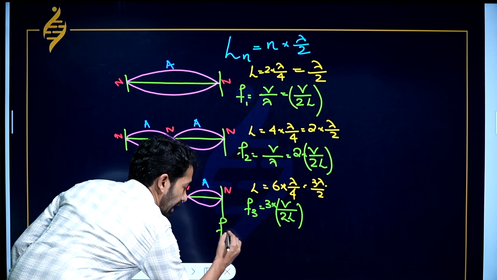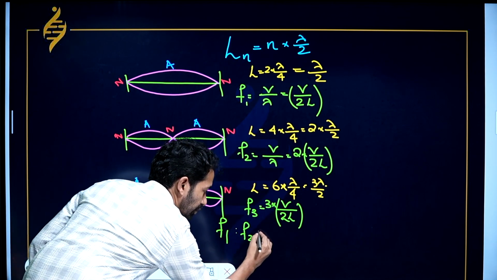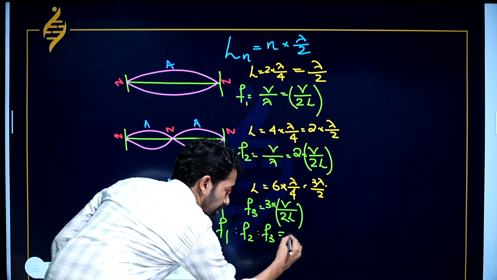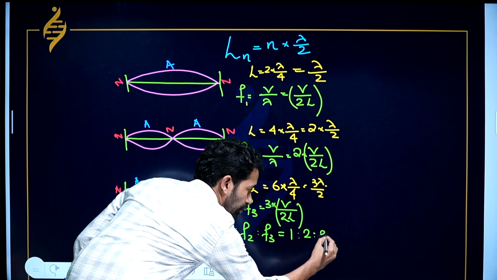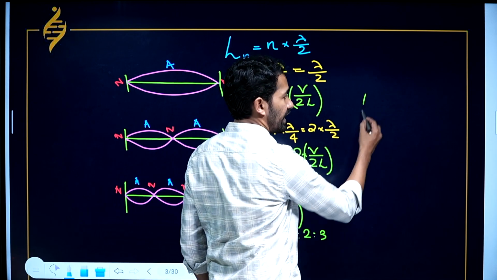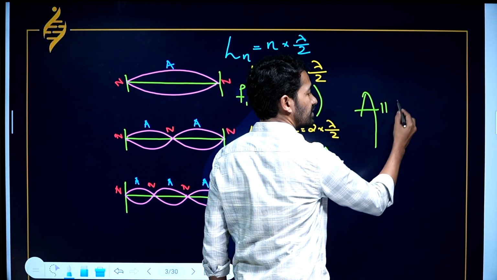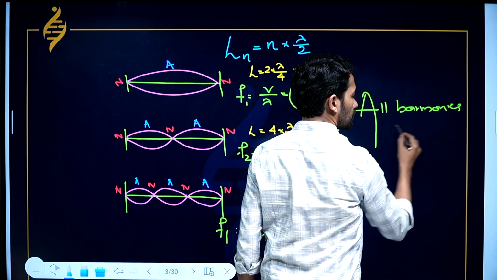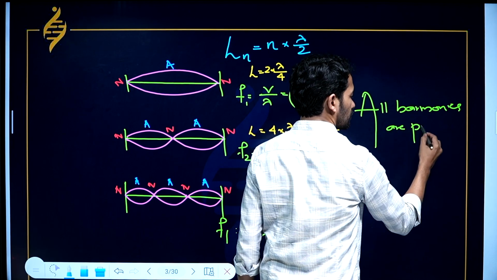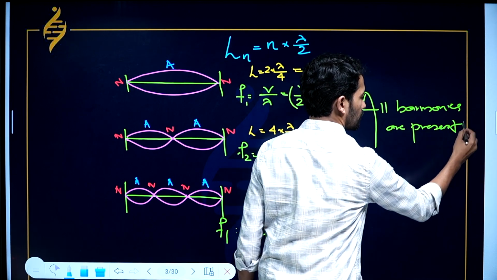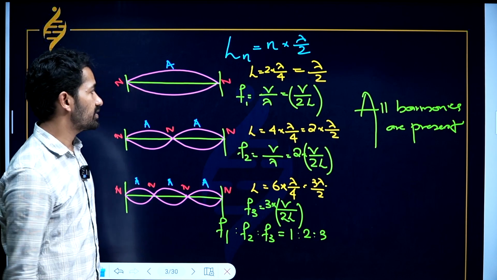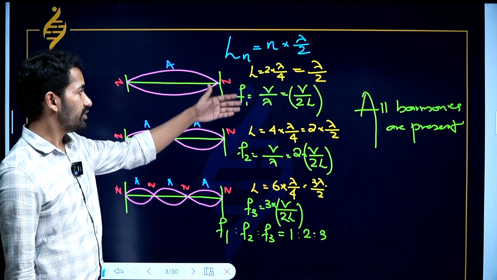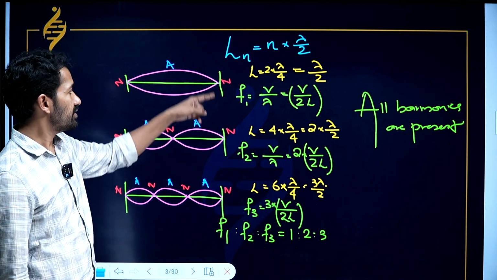So we will write f1 is to f2 is to f3 is equal to 1 is to 2 is to 3, and therefore I can say that all harmonics are present.